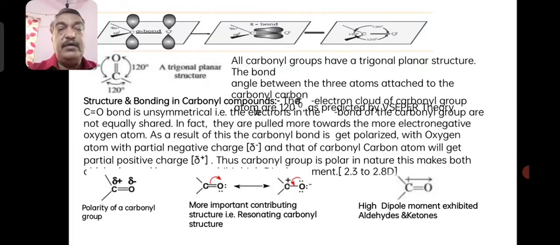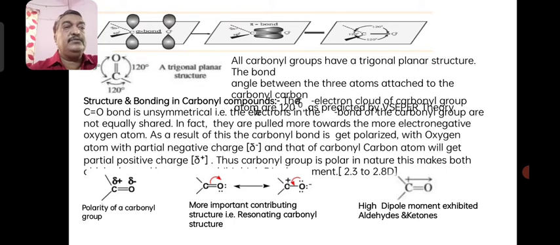That is the polarity of the carbonyl group, and the pi bond can be shifted very easily towards the oxygen, exhibiting a resonating structure with plus and minus charges. This is a very important property for understanding the reaction mechanism.